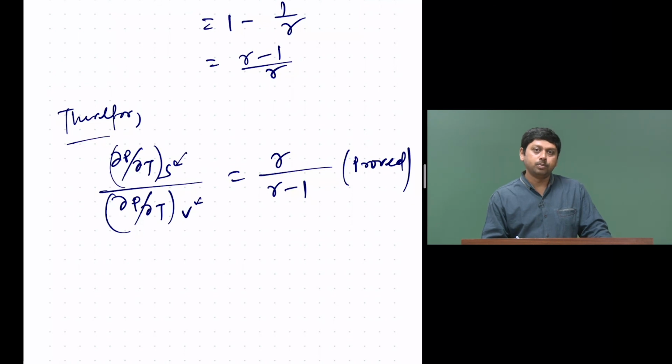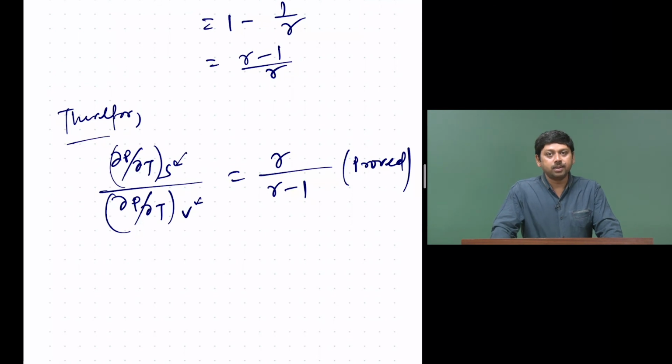When you fix the volume, you do not do any work and you heat the system and increase the pressure. When you take S as constant, then you are talking about an adiabatic system, a reversible adiabatic system. Therefore, S is not changing, and you are trying to do some work and then get that. So, therefore, the things are not the same.